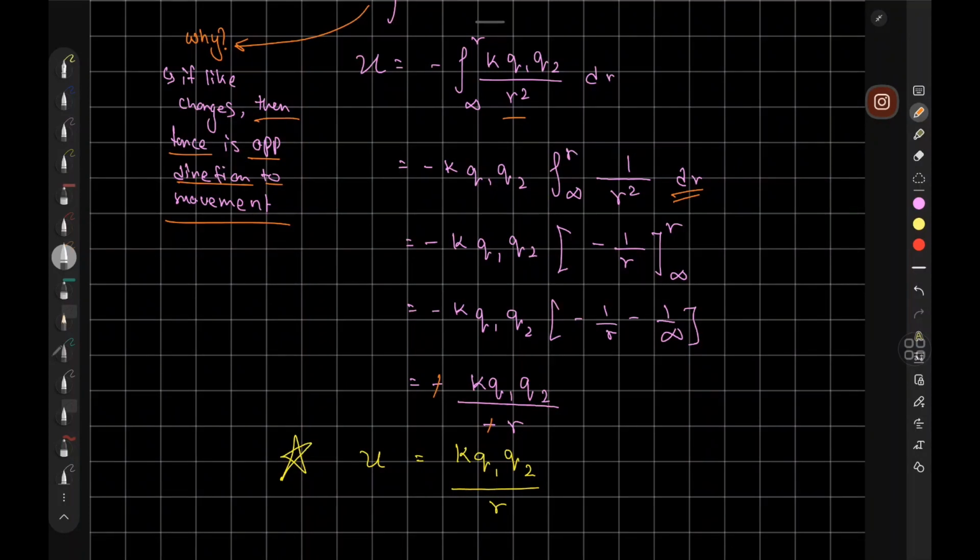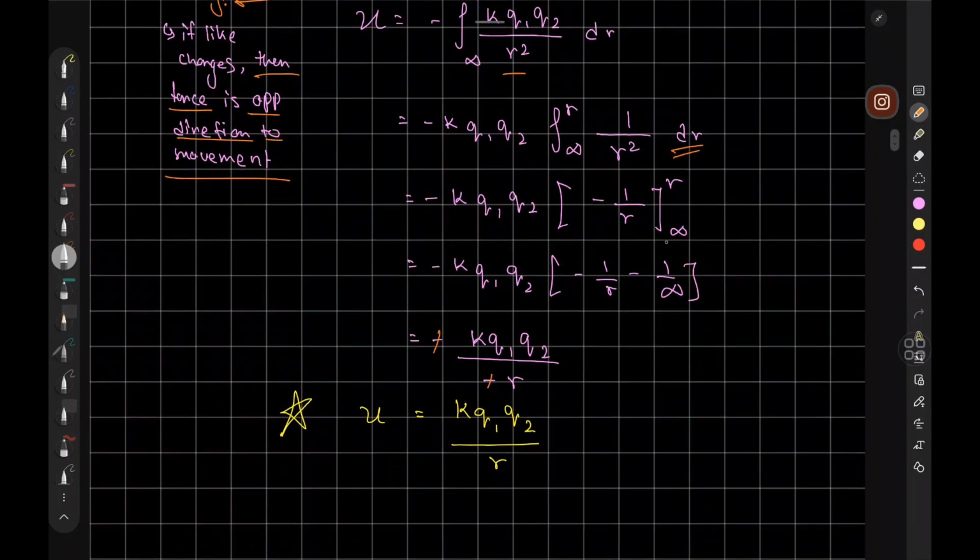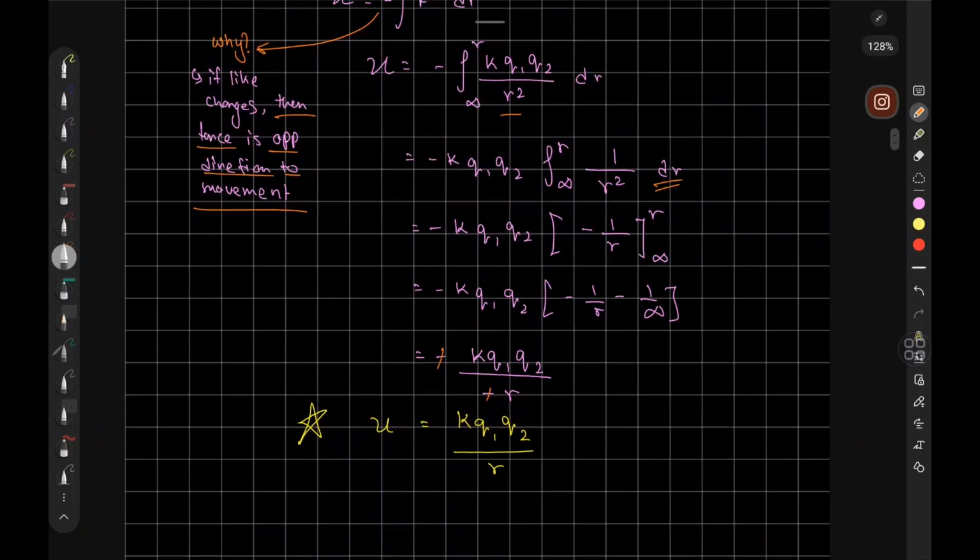So if you do that, 1 by r minus this lower bound, which is 1 by infinity, and since 1 by infinity approaches 0, you can express it as 0 over here. So minus 1 by r minus 0, which is minus 1 by r, and the minus and minus are now going to cancel out.